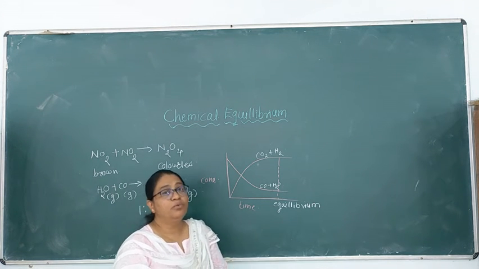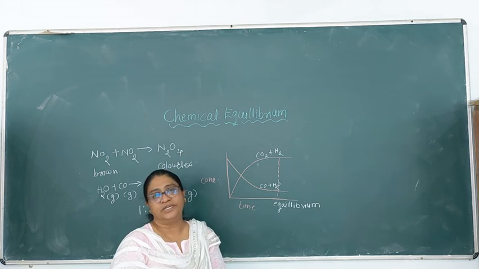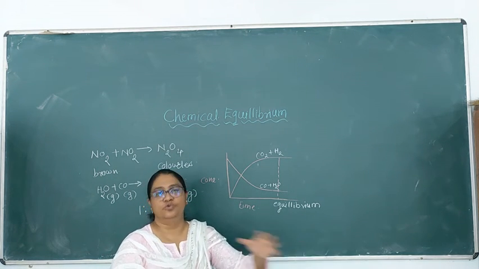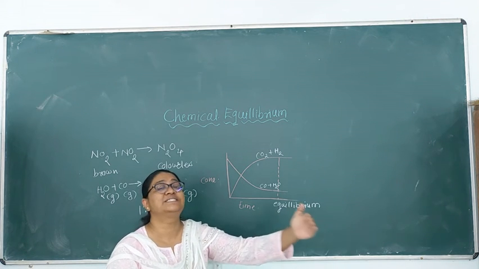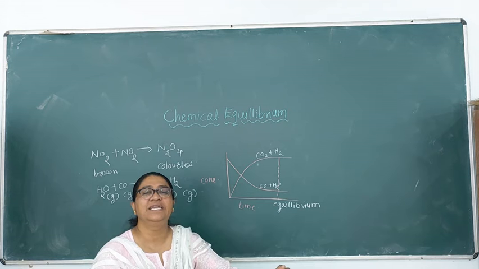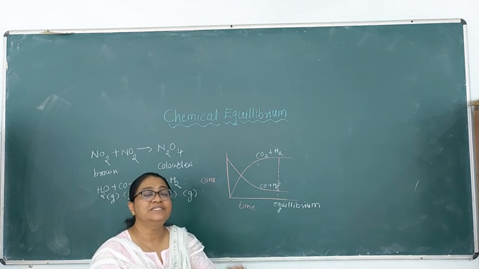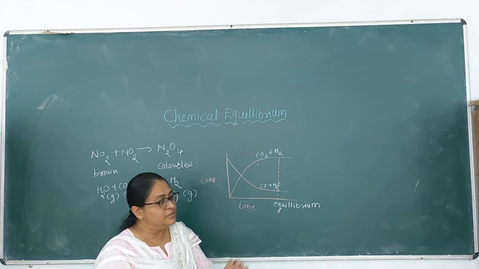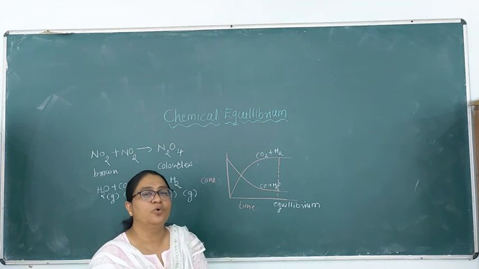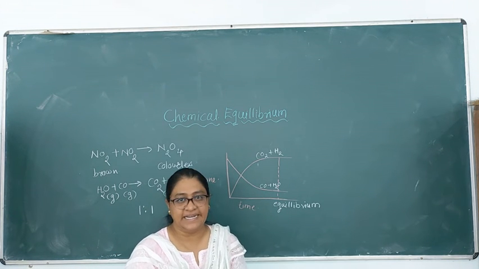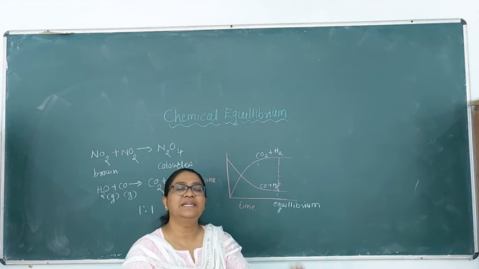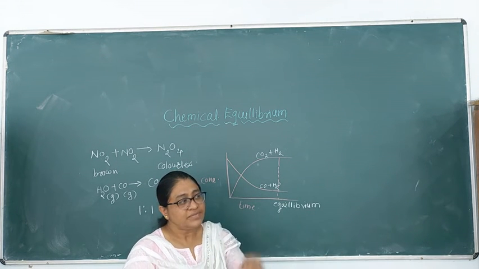Now it is very important to know how far the reaction goes, to what extent the reaction goes, where the equilibrium is exactly established. That is important to know. Thermodynamics tells you to what extent the reaction has gone.